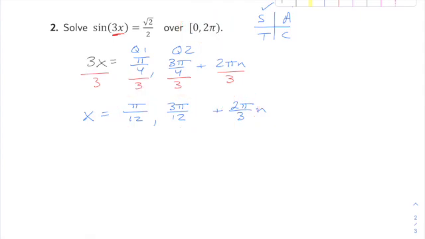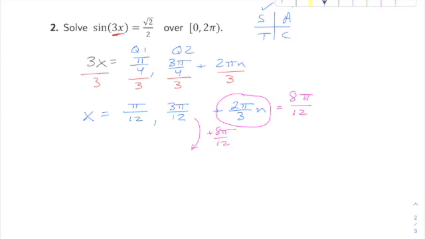Okay, so 2 pi over 3, I want to think of that as a common denominator. 2 pi over 3 is equal to, multiply by 4, that's 8 pi over 12. I have to actually add 8 pi over 12 to each one of these solutions.